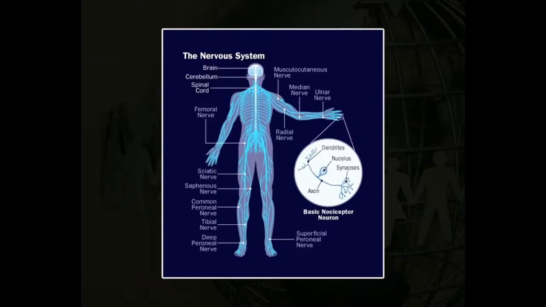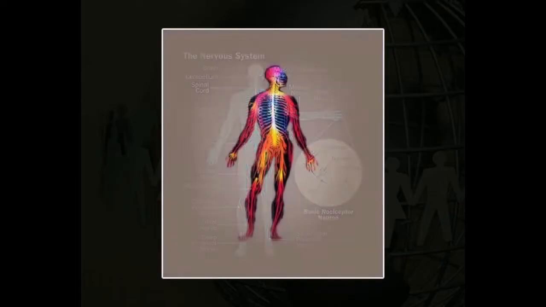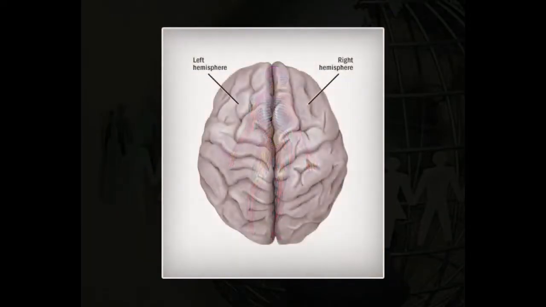Now, let us look at the neurological factors. The nervous system is one of the most important and influential systems of the human body that contributes to growth and development. The quality of the nervous system determines the response patterns of the individual to all the environmental inputs. The two hemispheres of the brain have different functions.